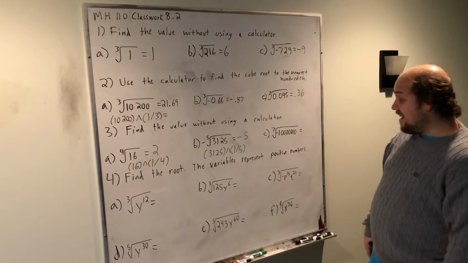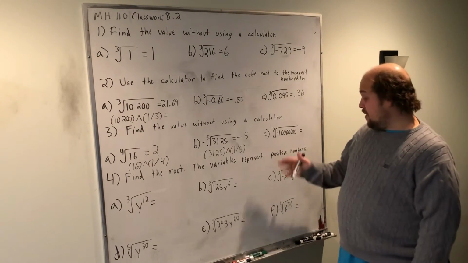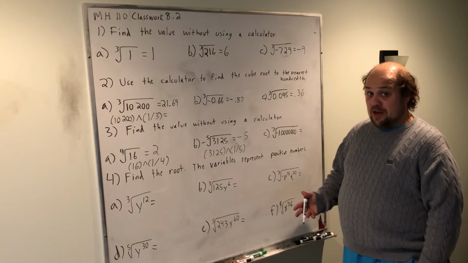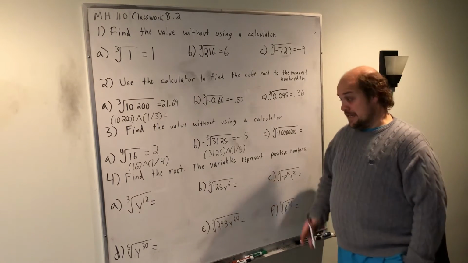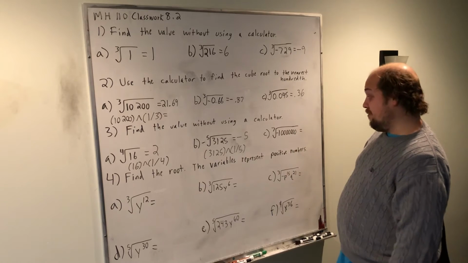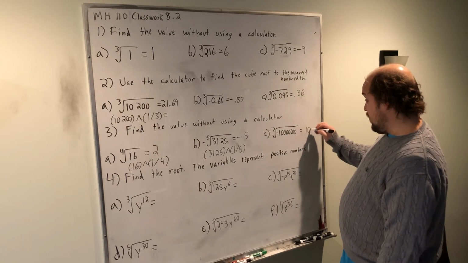Here I'm doing a 7th root. The good news is that whenever I'm doing a root of something that's 1 with a bunch of zeros, if the root number equals the number of zeros, then the answer is going to be 10. Here I have 1, 2, 3, 4, 5, 6, 7 zeros. So if I'm taking the 7th root of this, my answer is going to be 10.